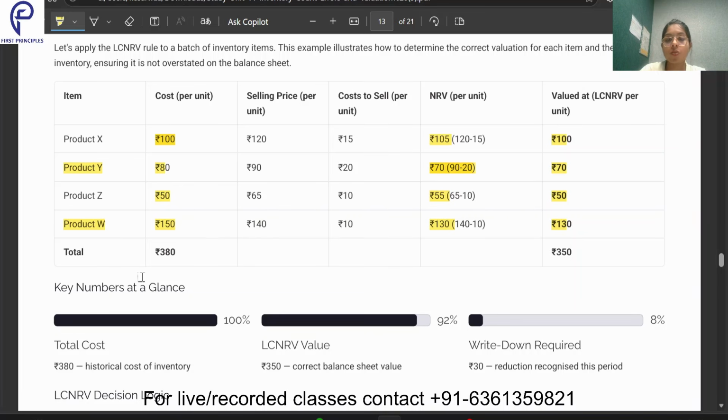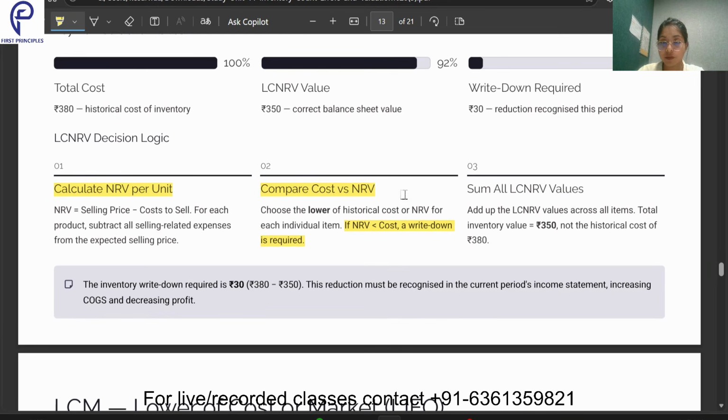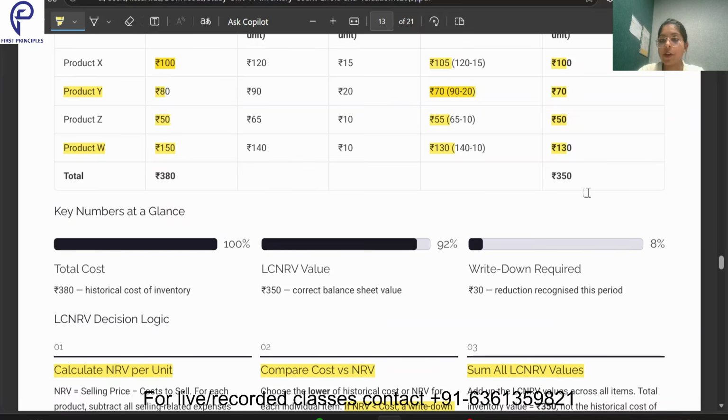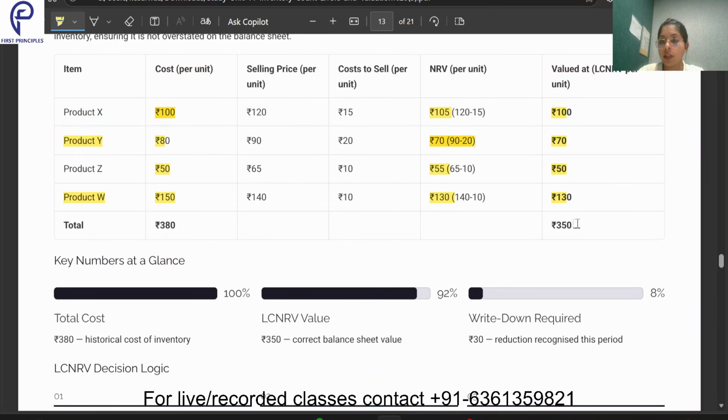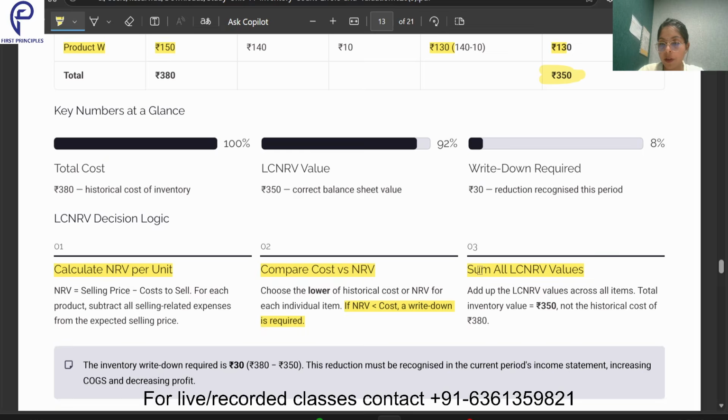So in this case also, we need to write down the value of the inventory. We have to reduce the value of the inventory, and we have to record that reduction as a loss on my income statement. Then sum all LCNRV values, that will be my inventory value. So when I sum total all these, this becomes my value of the inventory that has to be reported on the balance sheet.